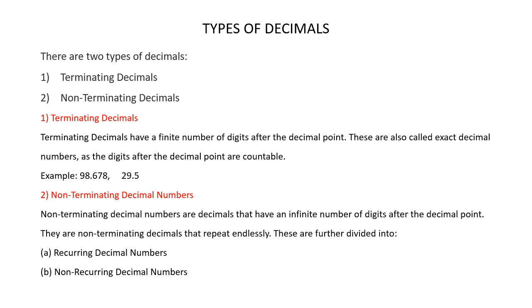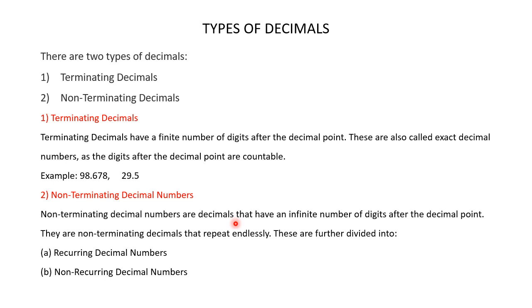So what are non-terminating decimal numbers? Non-terminating decimal numbers are decimals that have an infinite number of digits after the decimal point. They are non-terminating decimals that repeat endlessly. So non-terminating decimal numbers are decimals that do not have a definite number of digits after the decimal point.